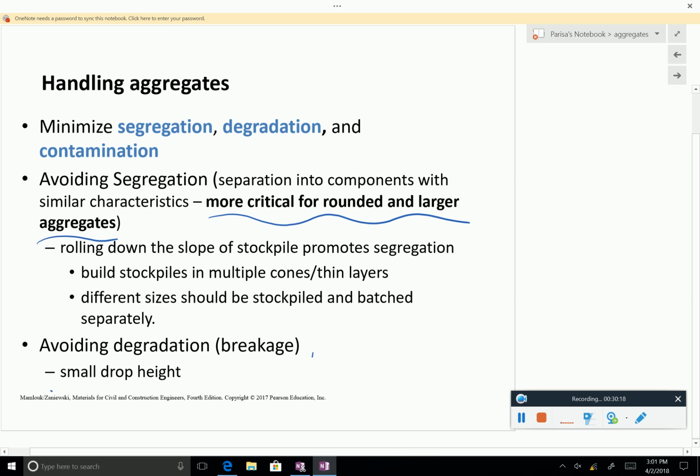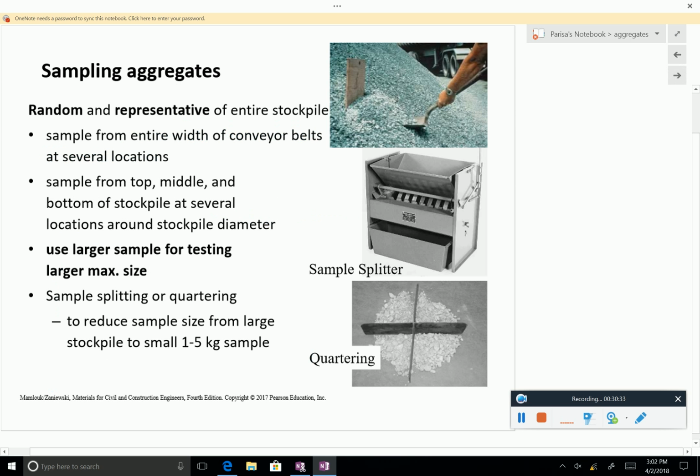So typically you want to build your stockpiles in multiple smaller cones. You don't want to drop the material from a very large height, to make sure that this does not happen, and you are also not going to break the aggregates.